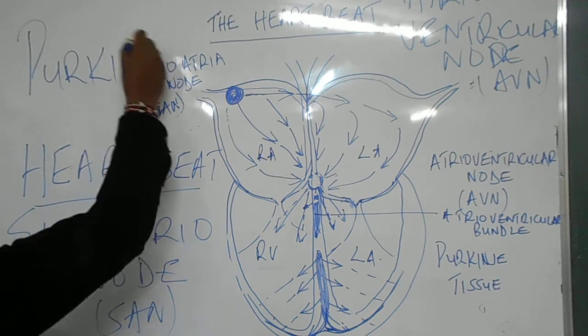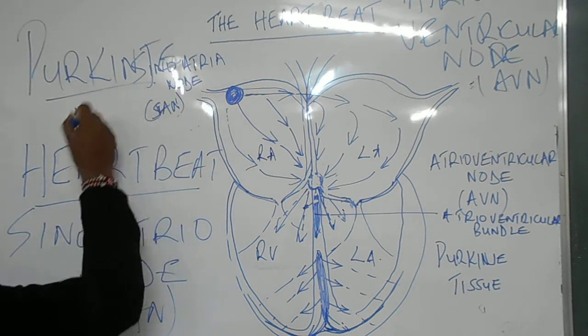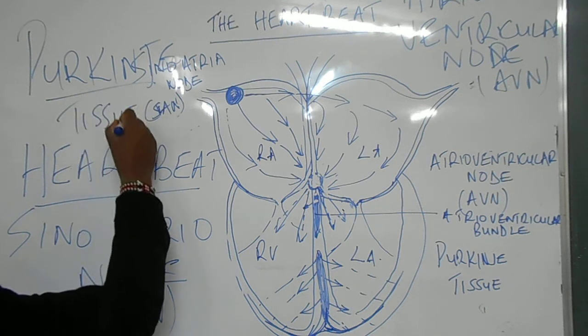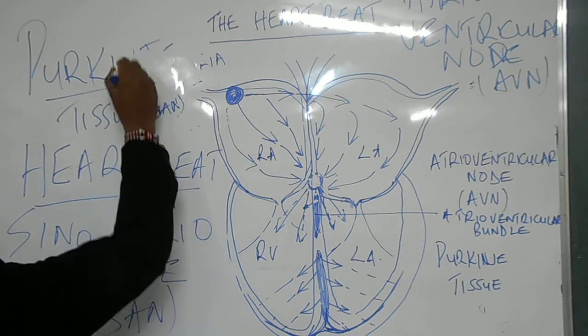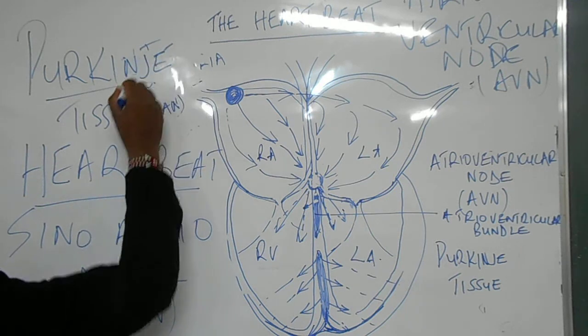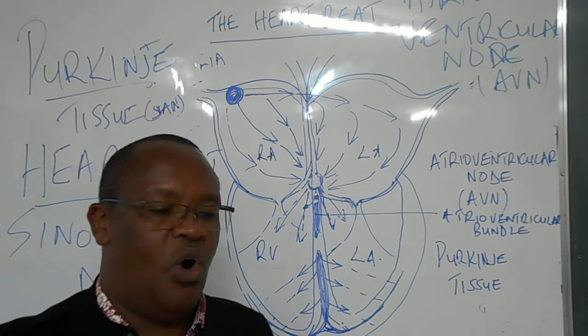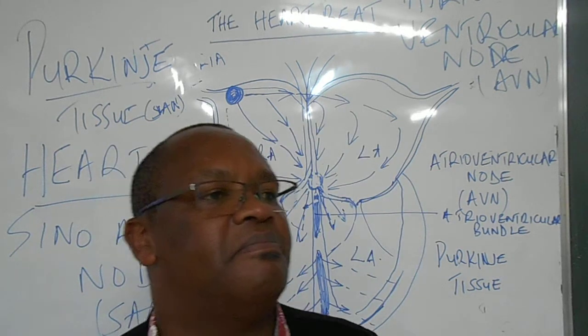Purkinje tissue, which is located in the walls of the ventricles.